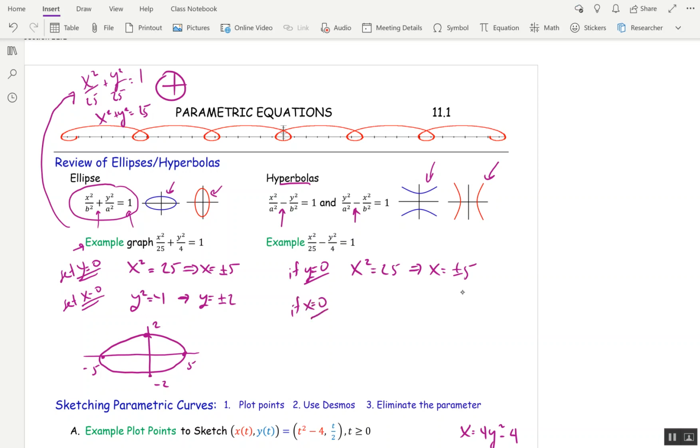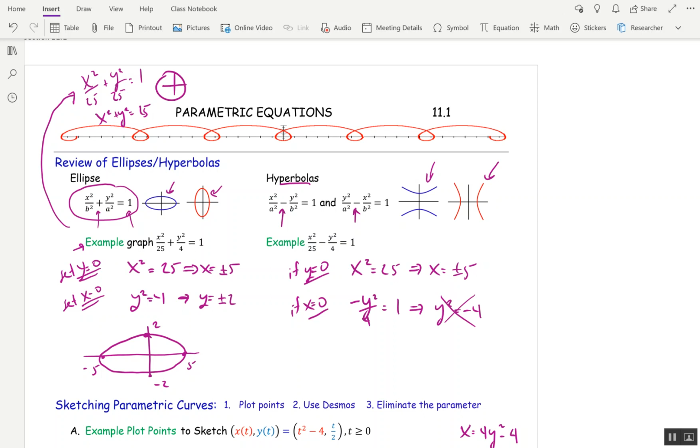If x equals 0, I get negative y squared over 4 is 1. So y squared is negative 4. That can't happen, not in the real numbers. So I can't set x equal to 0.